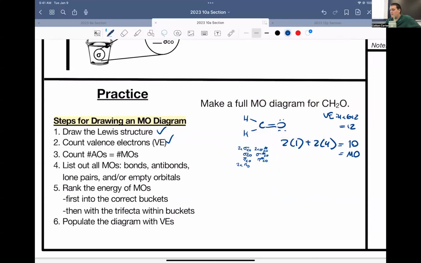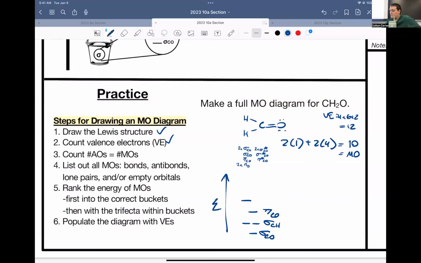Okay. Now I'm going to make my little energy axis, and then I'm going to start and rank them bucket by bucket. So what's the lowest bucket energy-wise? The lowest bucket, type of bond. Sigma. So we have sigma CH, sigma CO, which is going to be lower. Why? Electronegativity, good. Then we have the 2 sigma CHs, which are the same energy level. Then what's the next bucket? Pi, and so we only have 1, the pi CO. Then what's the next bucket?